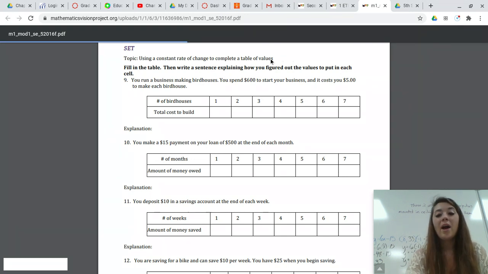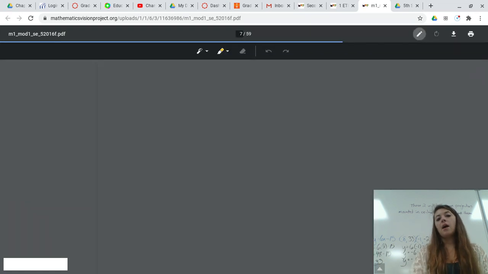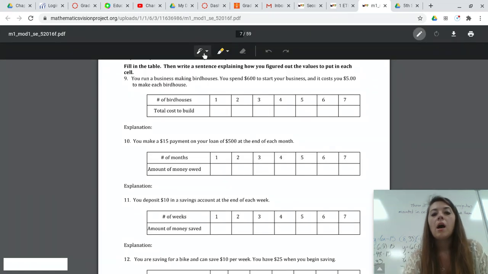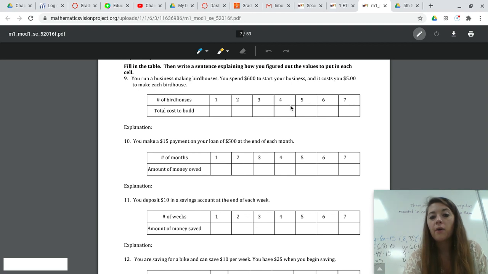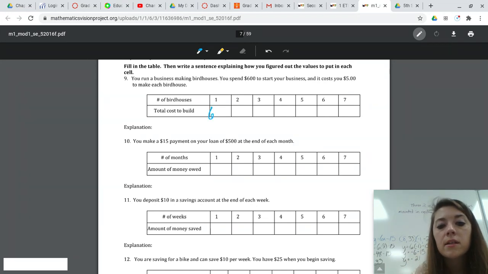So quite a significant price. I mean, that's a lot for one birdhouse if you think about it. But it's because we're dealing with the startup costs. So it's not just the cost of that one birdhouse. We have the cost that it took to make the birdhouse, plus everything it costs for the business. So hopefully I can fit this in here. 605. So it costs $605.